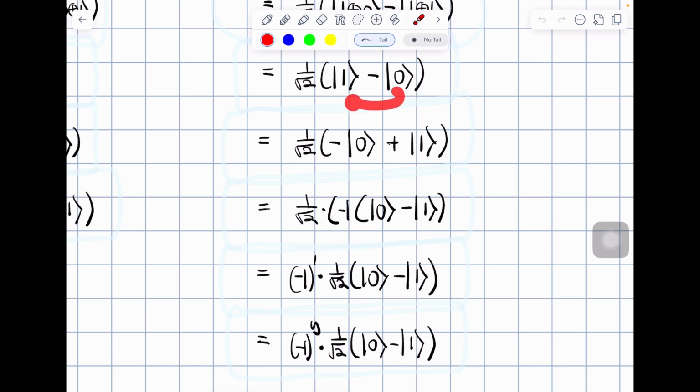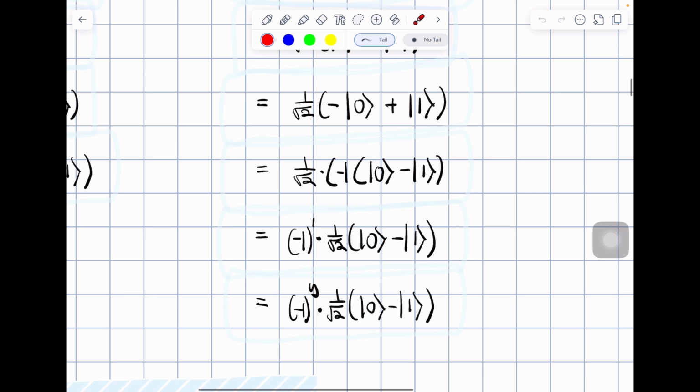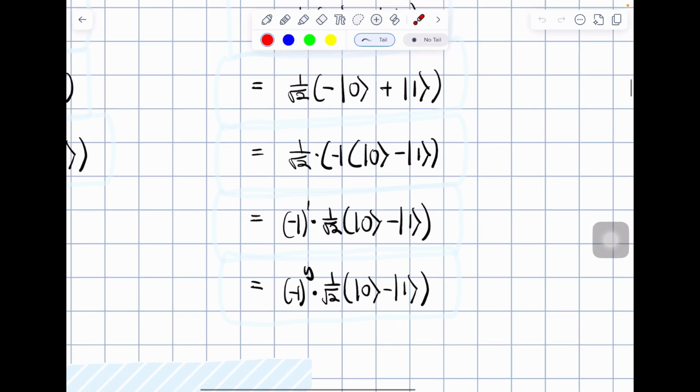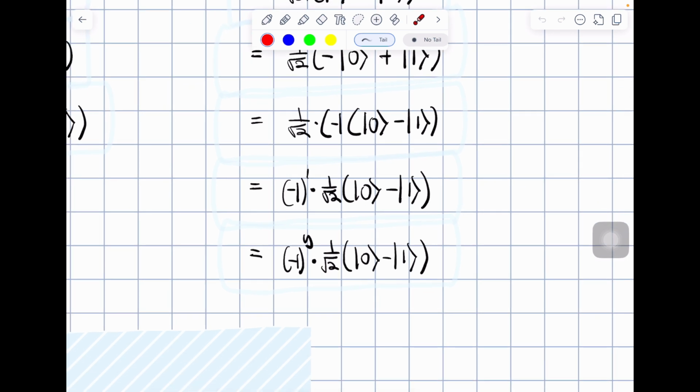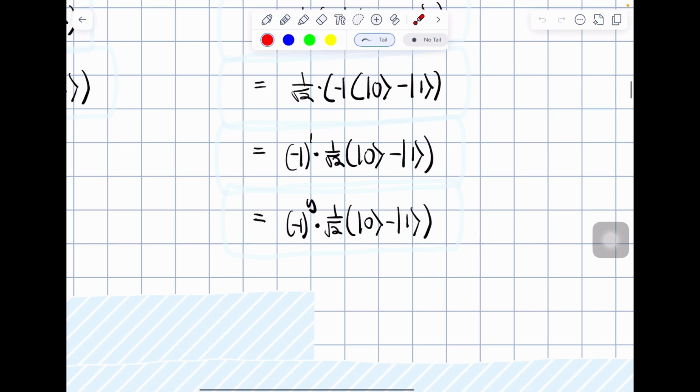First thing I'm going to do is rearrange the order of these terms. Then I notice that we can actually pull out a negative 1 from this expression to bring back 0 minus 1. Pull that negative 1 all the way up to the front, and we're left with negative 1 times the minus state, or negative 1 to the 1st power, because that's also equal to negative 1.